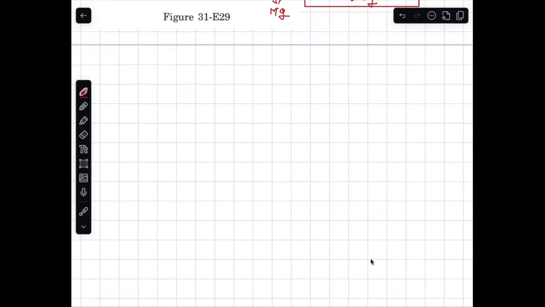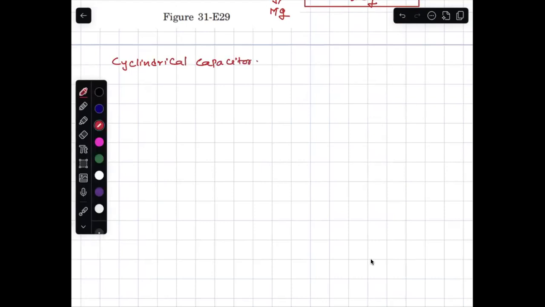For example, you have a cylindrical capacitor. The cylindrical capacitor is like this for you.